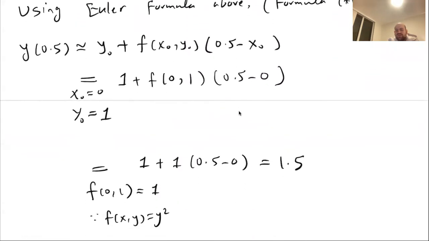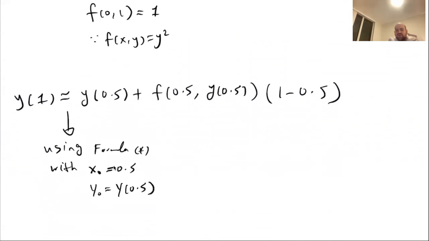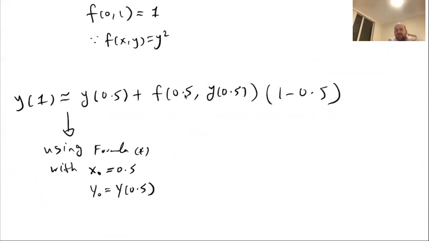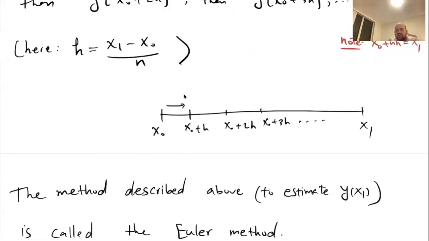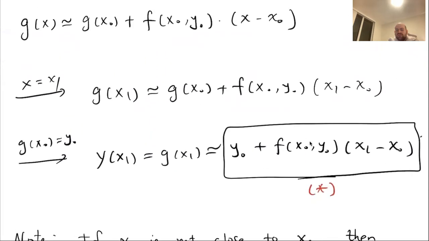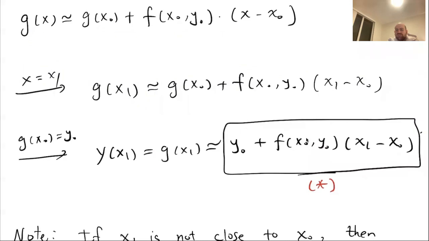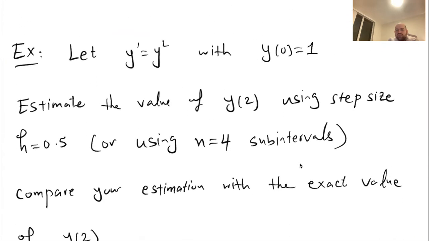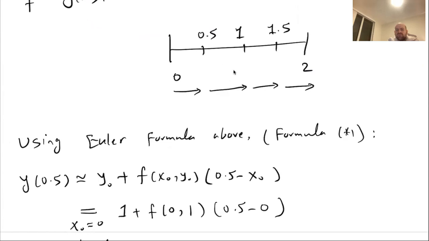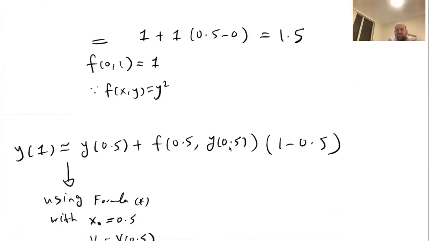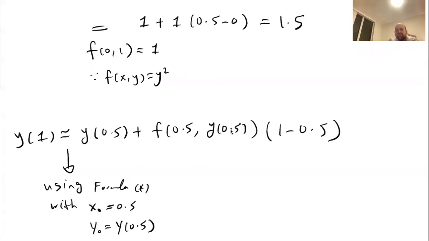So the starting point must be replaced by 0.5 and y of 0.5 instead of x naught, y naught. Y naught is y of x naught. Now this x naught is replaced by the new starting point, which is 0.5, so the y value will also be replaced by y of 0.5. And then 1 is the new point minus the new starting point, which is 0.5.